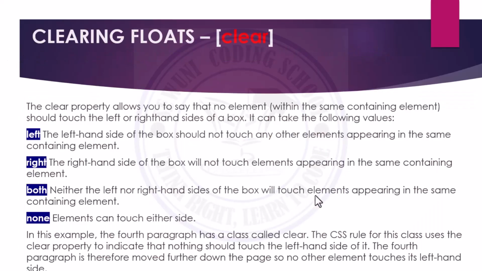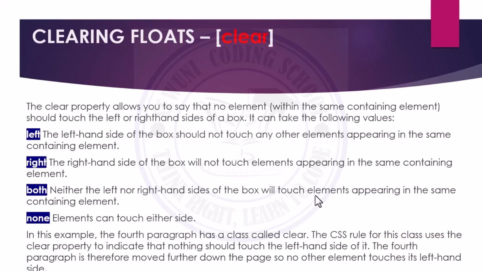Let's just move on. Clearing floats. The clear property allows you to say that no element within the same containing element should touch the left or the right hand side of the box. It can take the following values: left, right, both, or none. When you use left, the left hand side of the box should not touch any other element appearing in the same containing element.